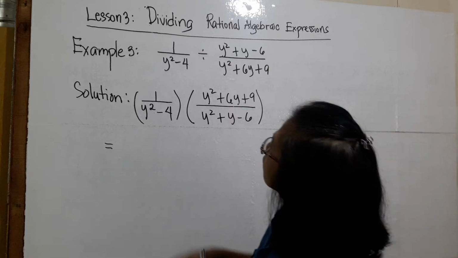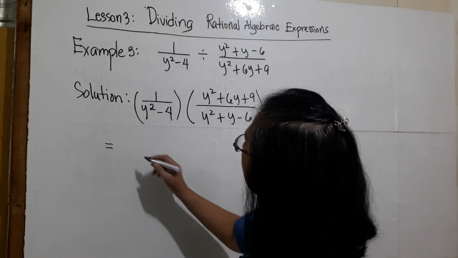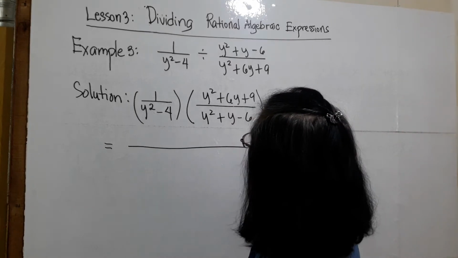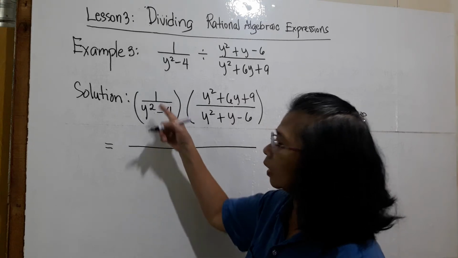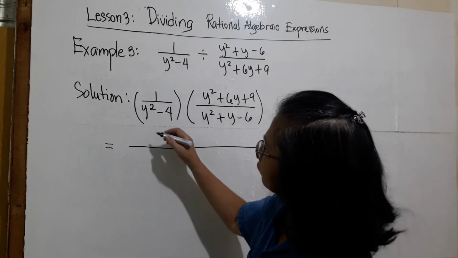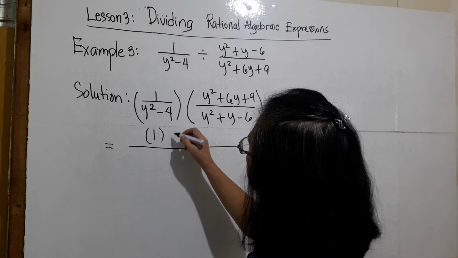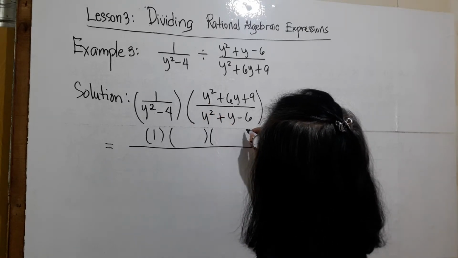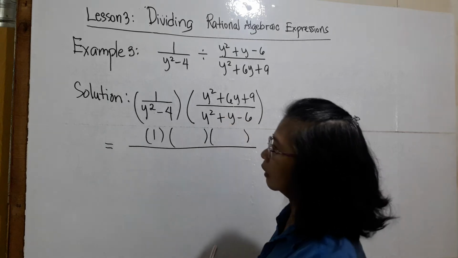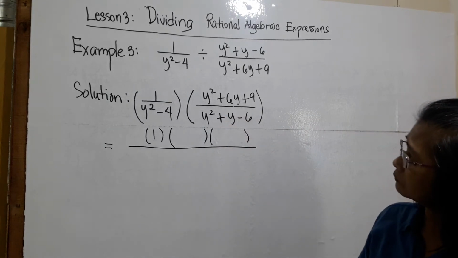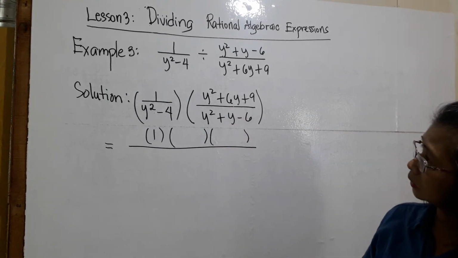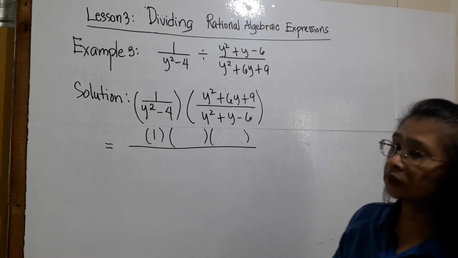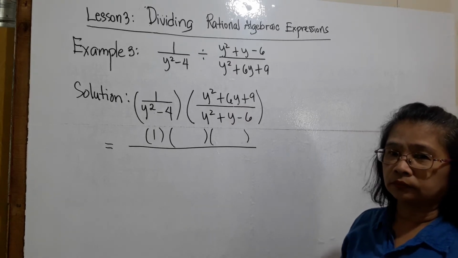Okay, so let us try to factor if the terms are factorable. What about 1? It's already prime, so we just copy. The numerator here, in the second factor, is a perfect square. Do you notice?